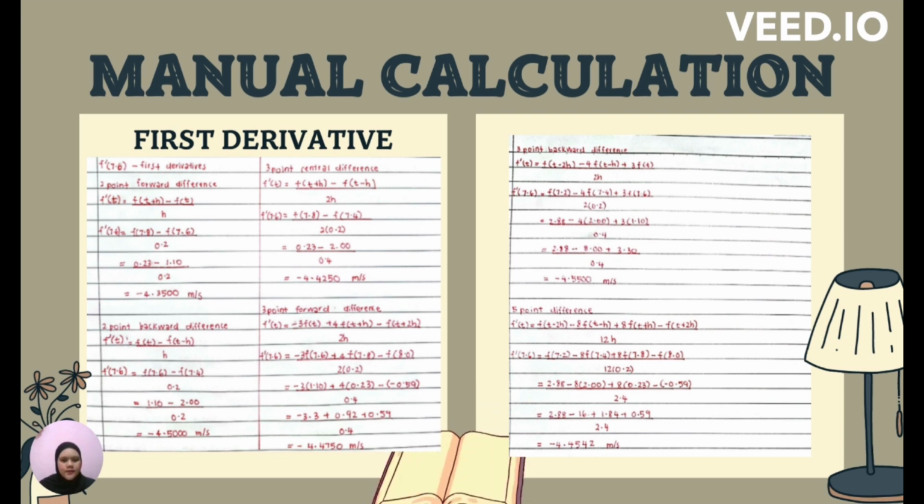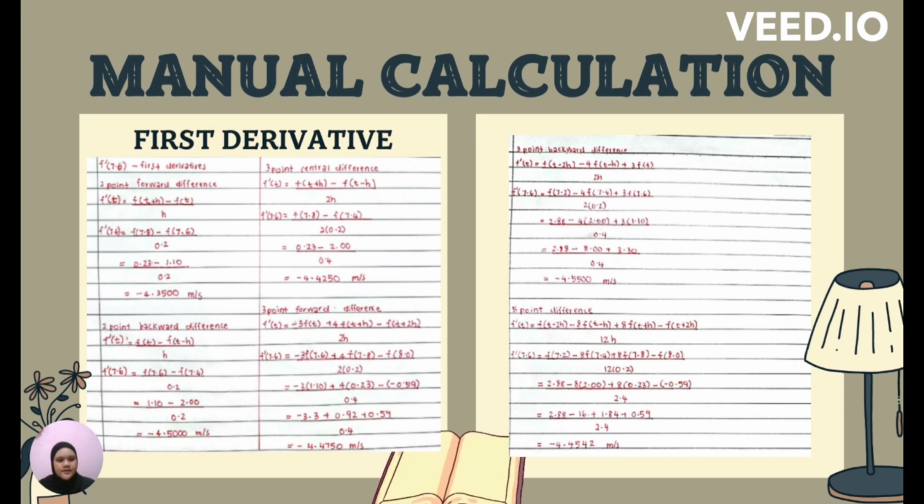Ultimately, we obtain the answers as follows. For 2-point forward and backward, we get negative 4.35 meter per second and negative 4.5 meter per second.